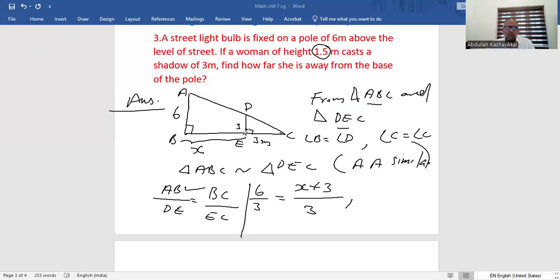So here, 6 by 1.5 meter, that is x plus 3 by 3. Here also I am changing. Please change.